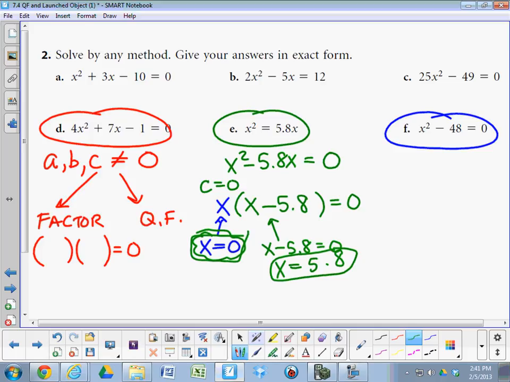By the way, if C was 0, what would the y-intercept of that parabola be? 0. And if the y-intercept of a parabola is 0, guess what one of the x-intercepts also has to be? 0. That's why that happens. When C is missing, one of the intercepts will be 0. This parabola probably goes like this, comes back up, and hits at 5.8.